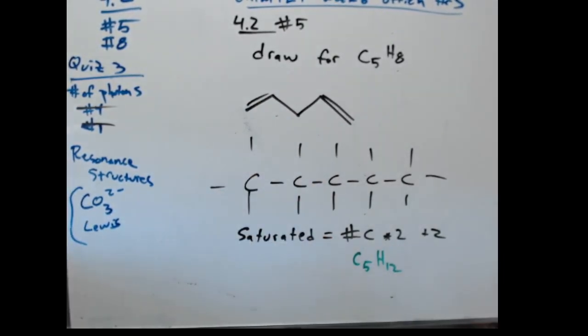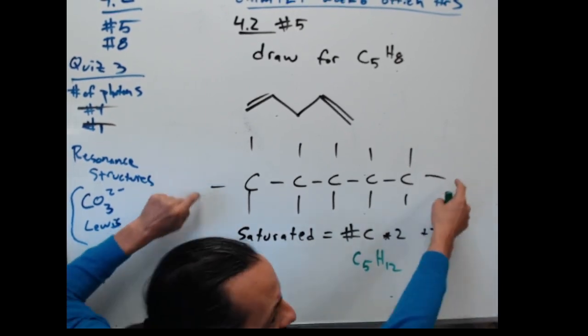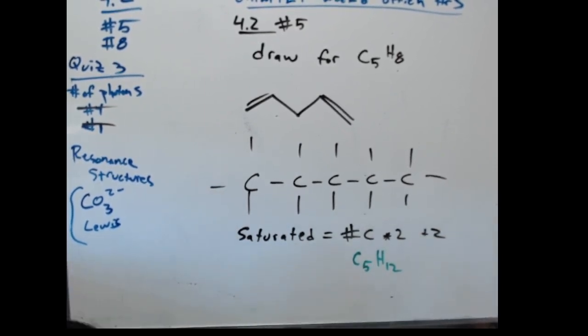That would be no double bonds. It would just be a straight 5 carbons in a line, no double bonds. 2 less, C5H10, 1 degree of unsaturation, you need a double bond. 2 less, C5H8, 2 degrees of unsaturation, I need a double bond, or I need 2 double bonds, or a triple bond, or a ring and a double bond, but I need to do something so I have fewer hydrogens in the structure.